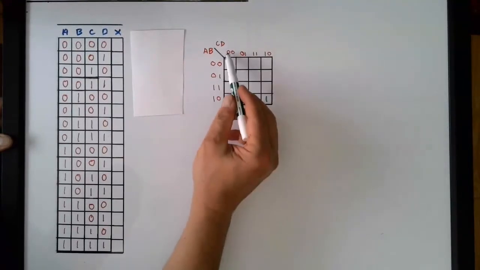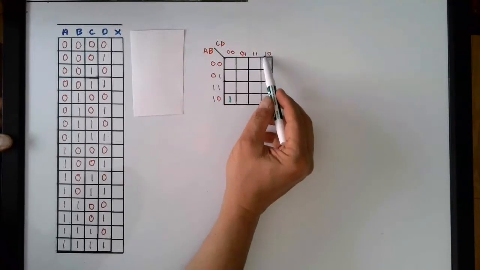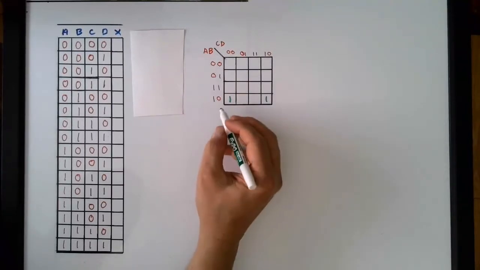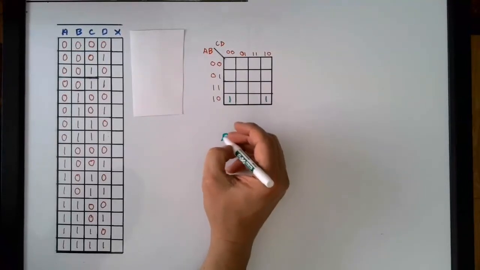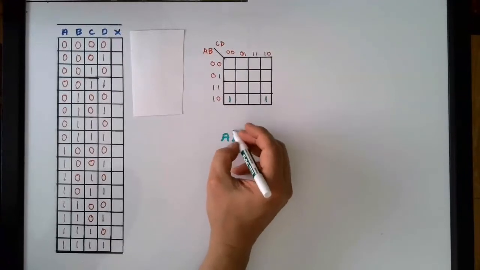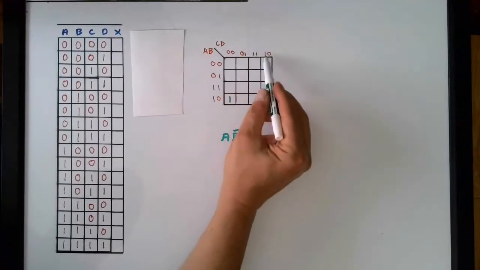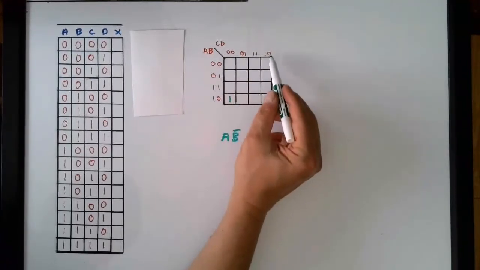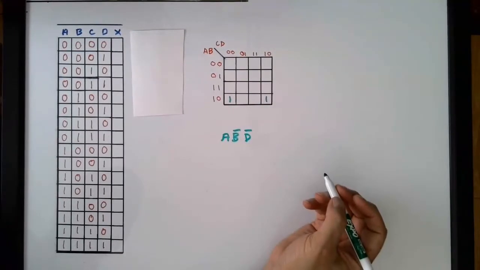And C and D, C is 0, but if we go over to this column, it becomes 1. But D stays 0. So how we would write that equation out is, in that row, A is 1, so we'd write A. B is 0, so we'd write that as B naught. And then C transitions from 0 to 1, and so we throw it out. But what is D? D is 0 here, 0 there, so we would write that as D naught.